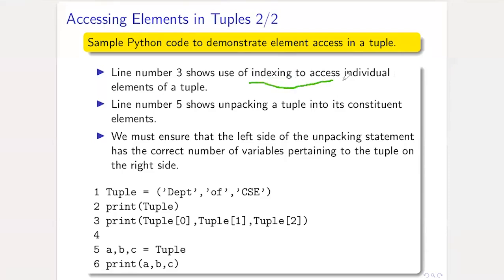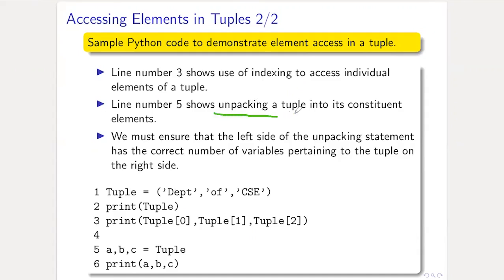So indexing allows us to access individual elements. Just like in the other iterables, like the list, the first element is indexed by 0, second element indexed by 1, and so on and so forth, up to, if you have n elements, the last one would be n-1. So that is how you access them individually through the indexing.